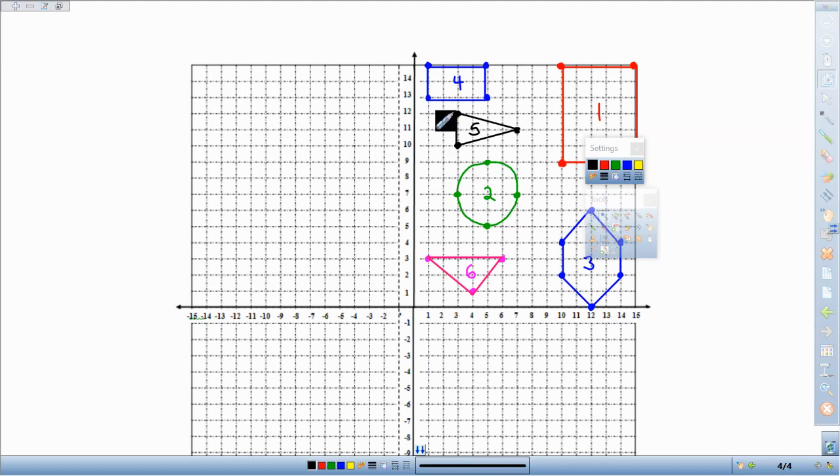So starting here, I'm going to go 1, 2, 3, 4, 5, 6, 7, 8, 9, 10, 11, 12, 13, 14, 15. And then down 15: 1, 2, 3, 4, 5, 6, 7, 8, 9, 10, 11, 12, 13, 14, 15. All right, so there is my new point. And we're going to do that with all of these points.